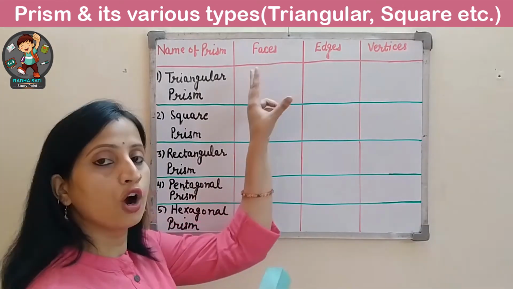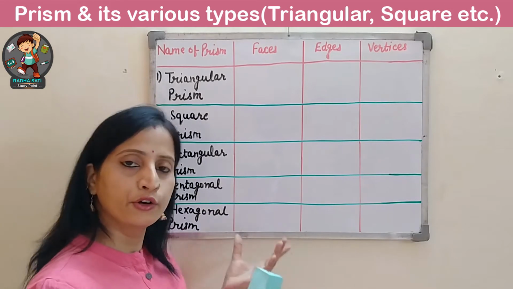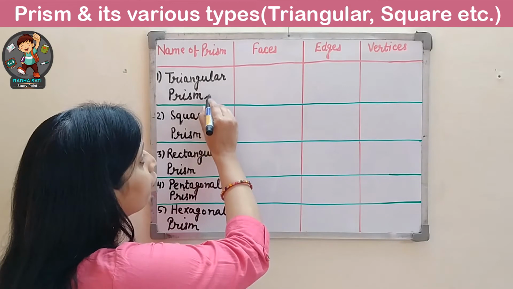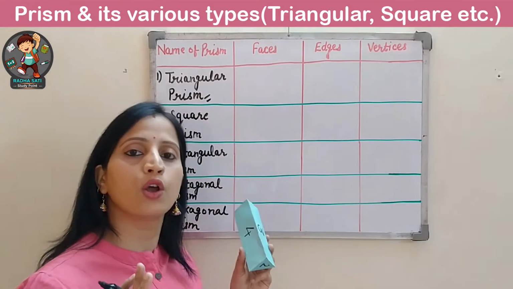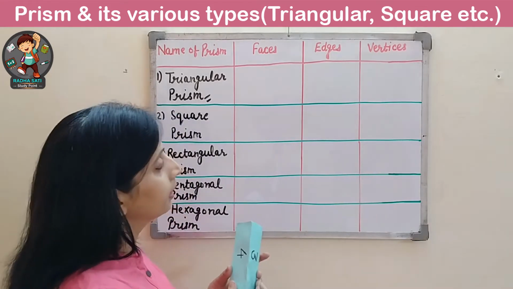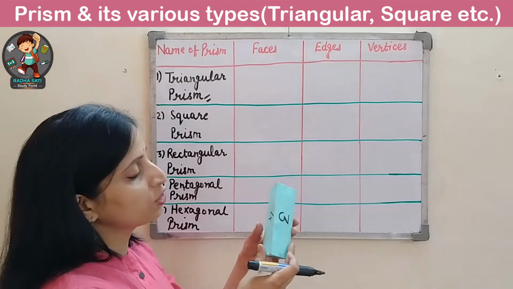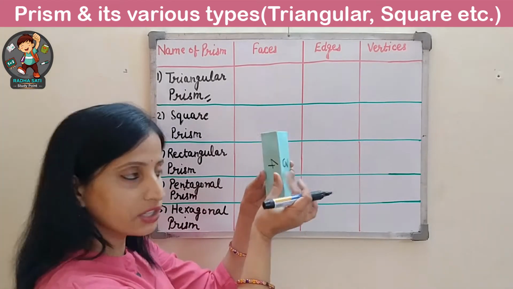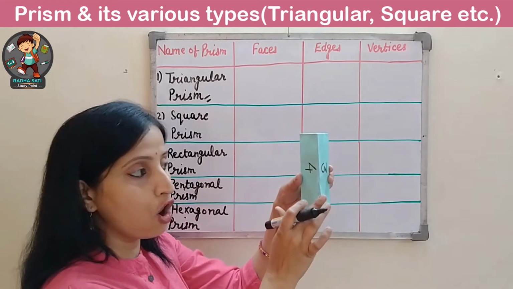The faces of a 3D shape can be flat faces or curved faces. But in case of a prism, the faces will always be flat faces. Now edges. Edge means when two faces meet each other, a line segment is formed.